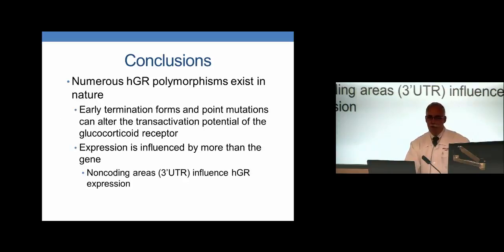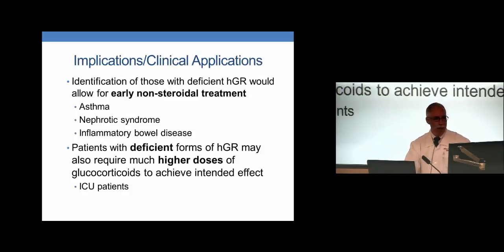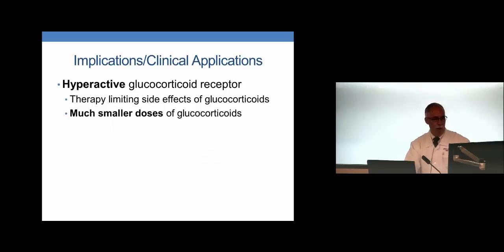So a lot of polymorphisms exist. And there's early termination forms that inhibit activity, increase activity, and so we look at that. So that's fine. Maybe you can use this kind of strategy for treating people. So if you have a hyperactive glucocorticoid receptor and you need to treat someone with steroids, you can figure that out and say, all right, I'm going to give you a lower dose.